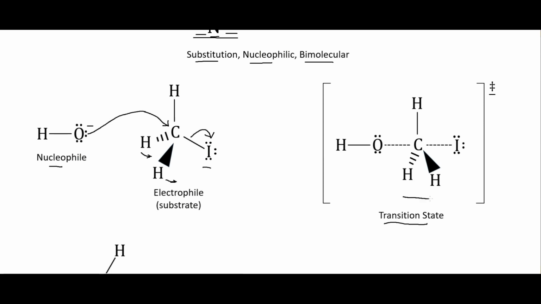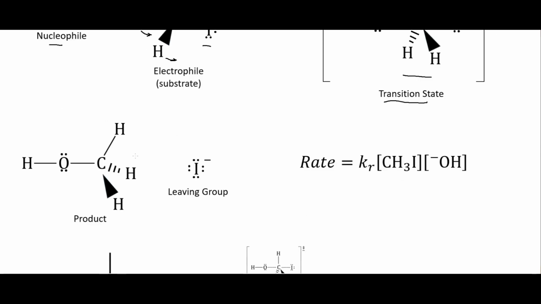But then the electrons continue moving over to the iodine, while these ones continue strengthening the bond to the carbon, so that we end up with this as the product, where we now have this alcohol group. This product is actually methanol, and the leaving group is this iodide, which has now left that substrate.